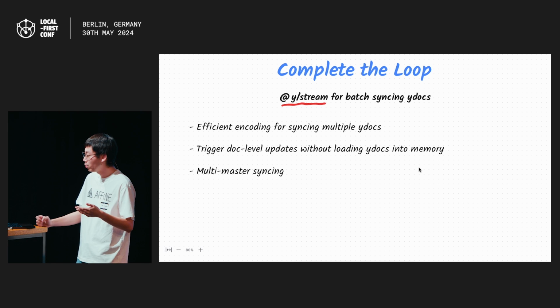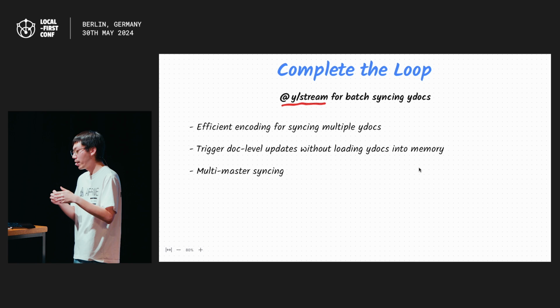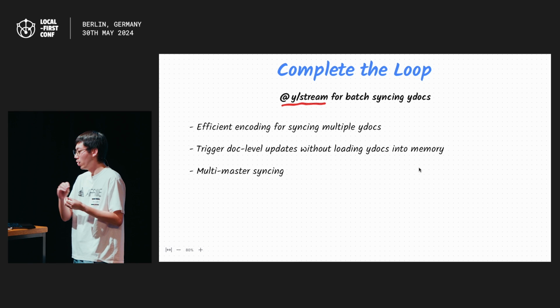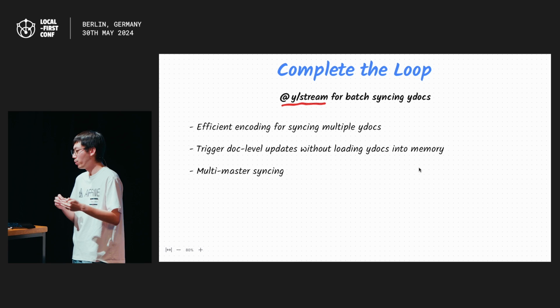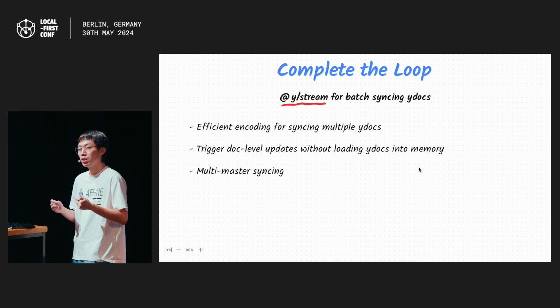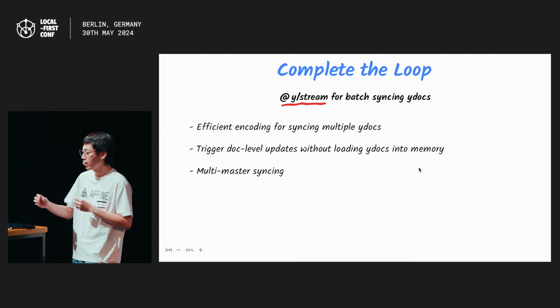In the past few weeks, I've been working with Kevin to test it out, and I found it very interesting since it supports features like efficient encoding for multiple YDocs instead of having one binary per doc. And you can also use it to trigger doc-level updates without loading YDocs into memory, which is much more efficient. And it's also multi-master syncing, so that it can make the sync between the server instances much more practical.